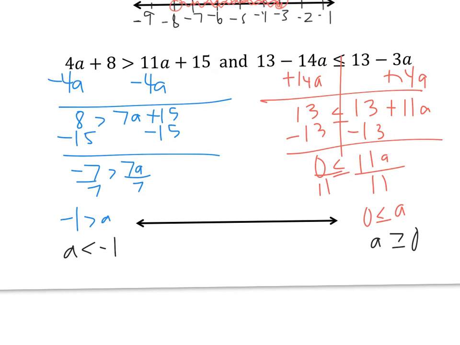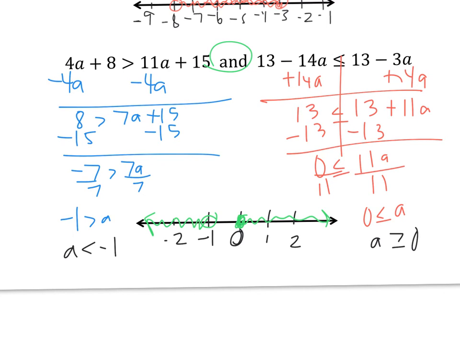If we think about it and plot my graph, some of you maybe can catch this without even graphing. If I have a is less than negative 1, that's going to look like this, and a is greater than or equal to 0, like this. This is supposed to be an and statement, but we don't have any overlap.